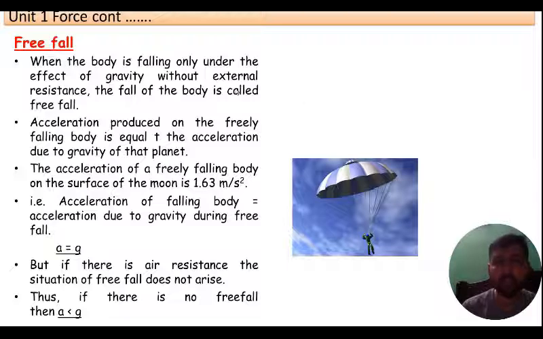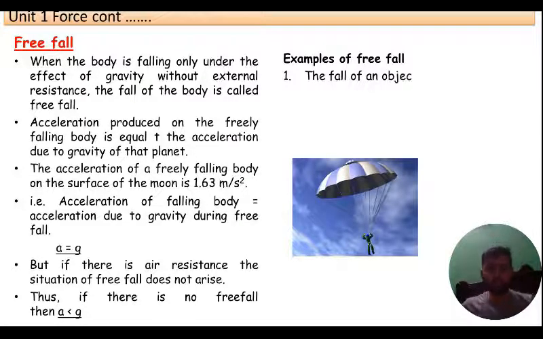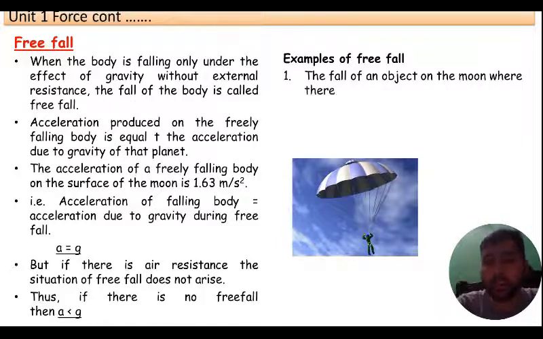Some of the examples of free fall. First example, the fall of an object on the moon, where there is no atmosphere, no air. Due to no air, free fall is possible on the moon.